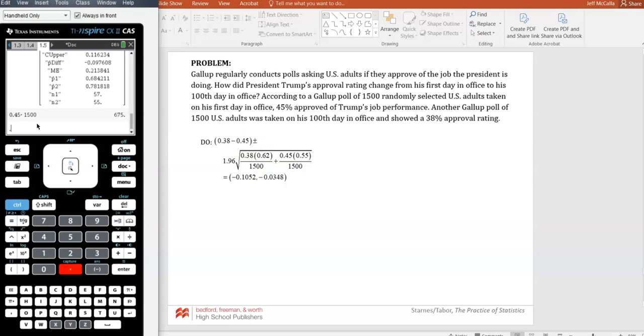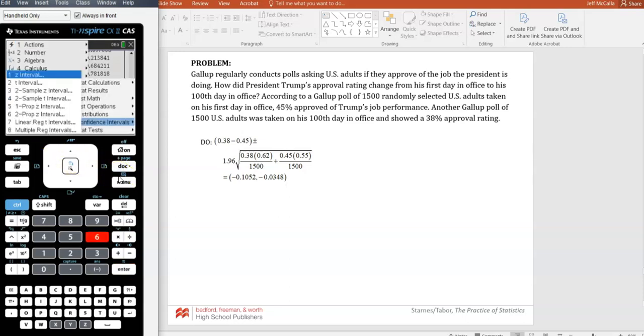And what's 38% of 1,500? So 675 and 570. You just need to remember that. So I'm going to hit menu 6, 6, 6, which is the 2-prop z interval.